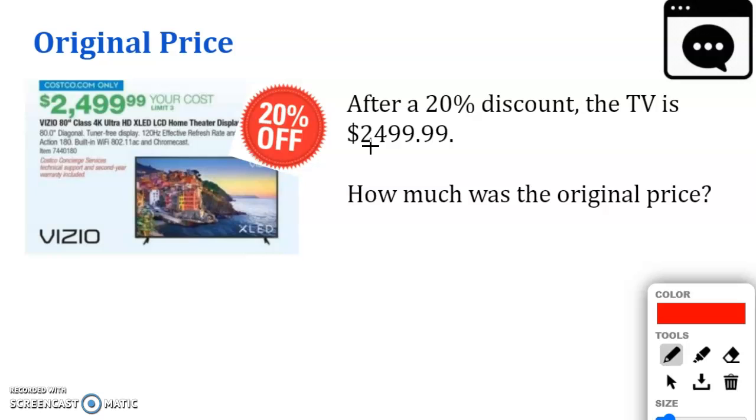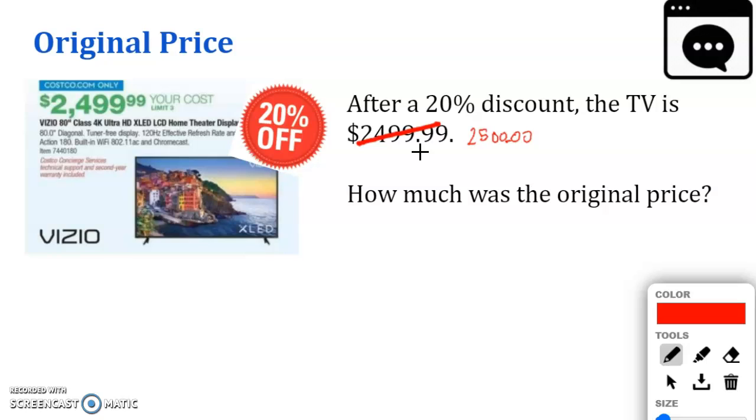Let's just use 2,500 as our value, not 2,499.99. If I say it's $2,500, how much was the original price? Maybe I might say, oh, maybe $3,000. It's going to be more than 2,500, so I'm going to use 2,500 as my price after the sale.